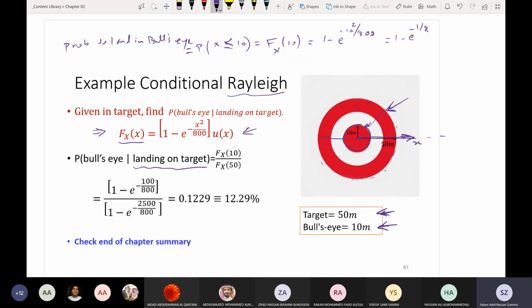Now, given that I land in the bigger circle, I landed in the target, what would be the probability that I hit the bullseye, which is the smaller circle?